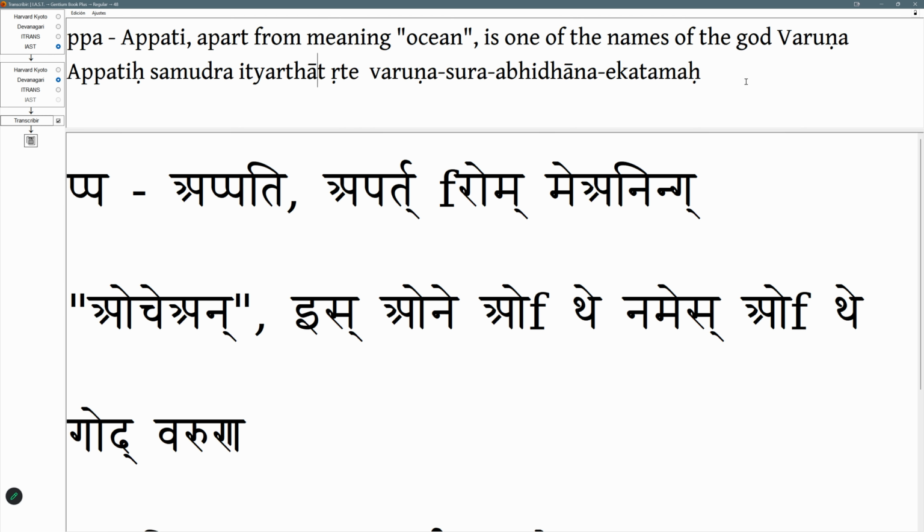Ta in front of ri, transforming into da, agglutinate the words like this. Artadrite transforms into artadrite. Varunasura, no change. Sura vidhana, long a plus a, a.